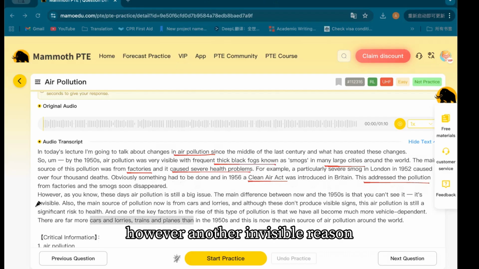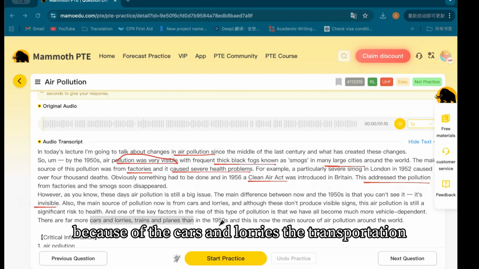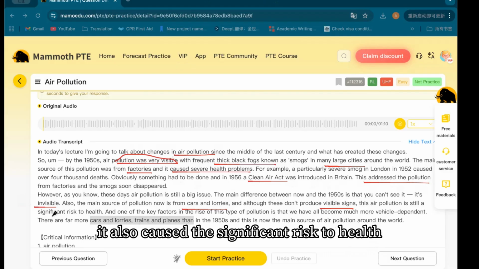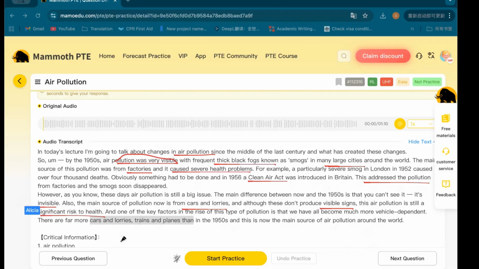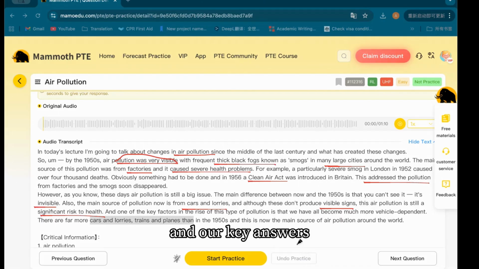However, another invisible reason. Okay, the first one is the visible reason. Because of the cars and lorries, the transportation produced some visible signs. It also caused a significant risk to health. The bad effect. All right. Those are our key phrases, key points, and our key answers.